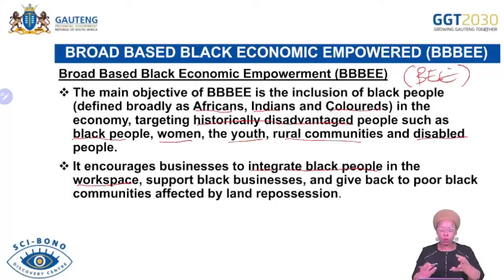So now through the Triple BEE, it wants to integrate Black people in the workspace, even support the Black businesses, and give back to the poor Black communities affected by the land repossession.